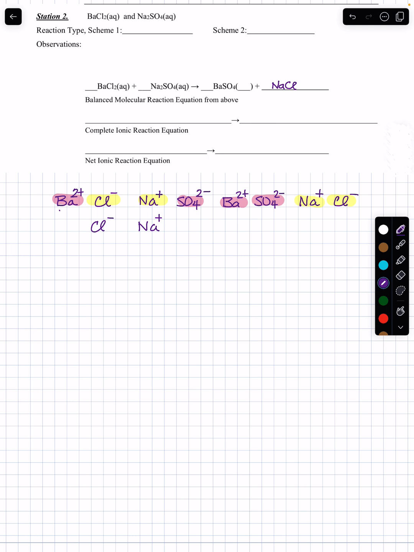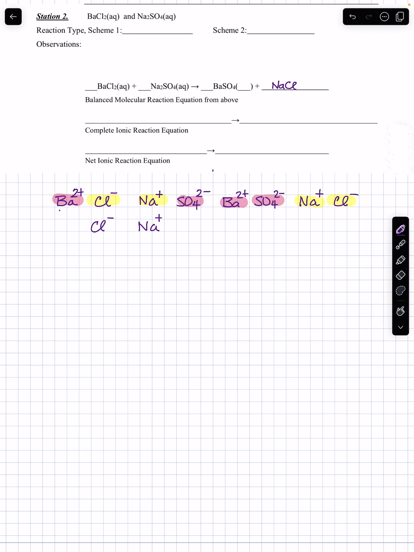Let's balance this equation. So we can look at it up here, or we can look at what we've drawn down here. I think if you're having trouble balancing equations, it might be better to look at what's down here. Let's just make a clear line where the arrow is.